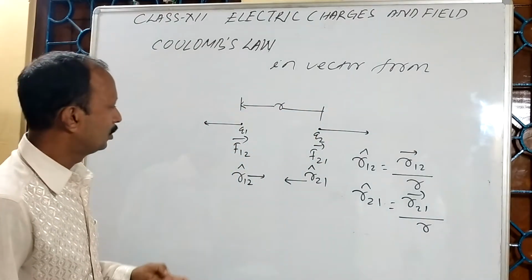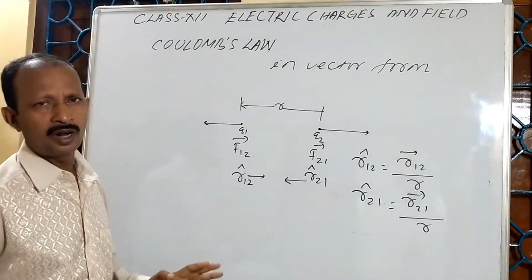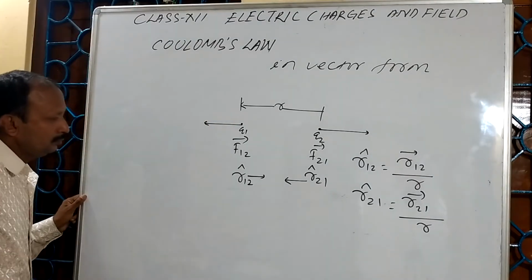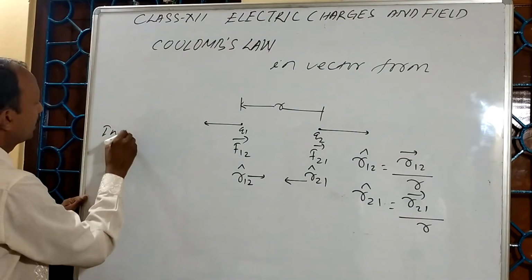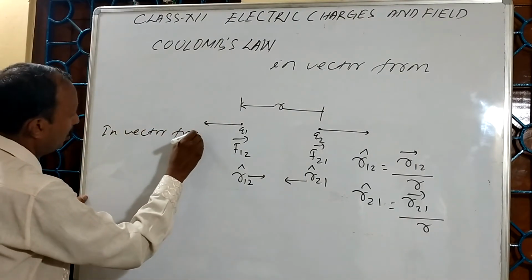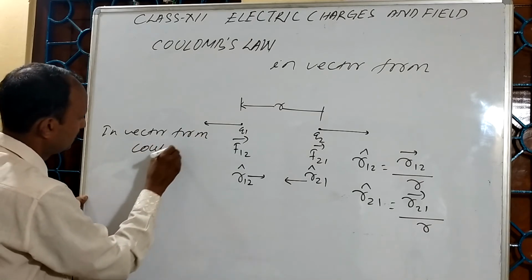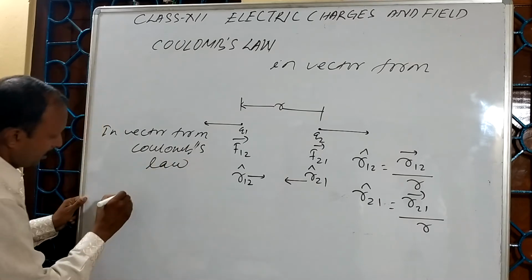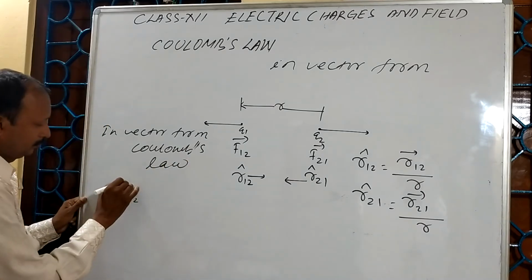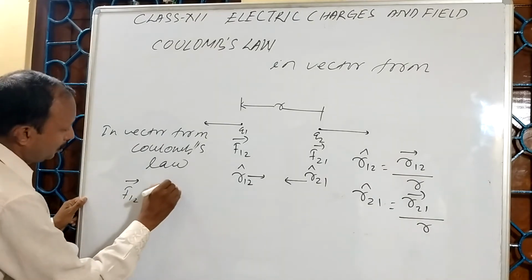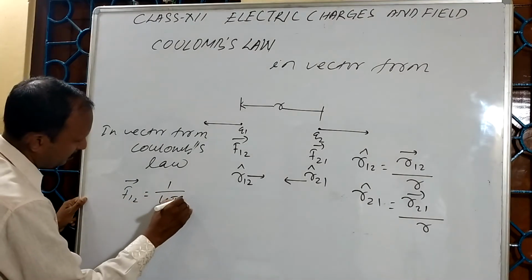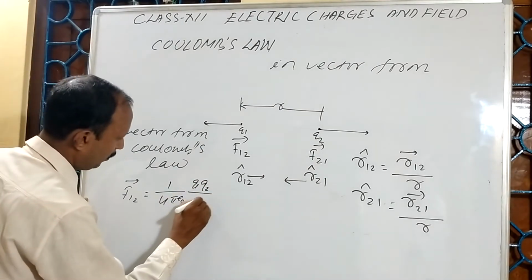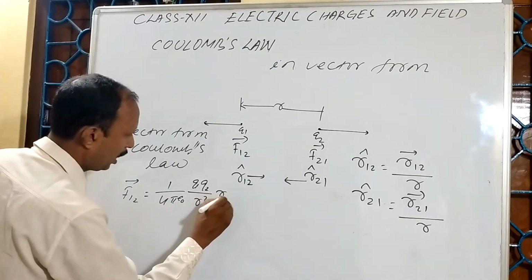Okay. So what is the vector form of Coulomb's law? In vector form, Coulomb's law: F12 is equal to 1 upon 4 pi epsilon naught Q1 Q2 upon R square R21.